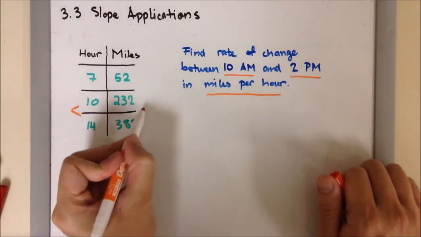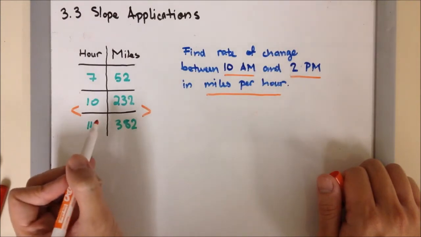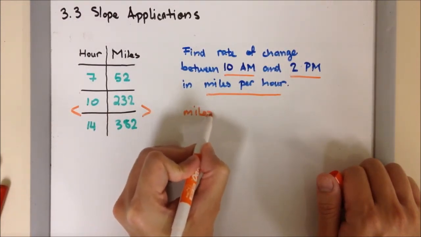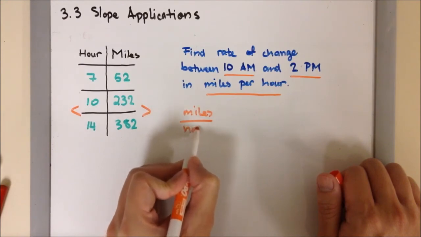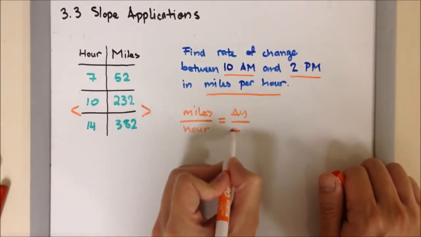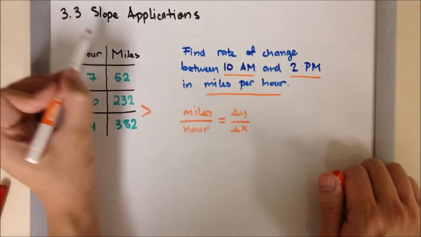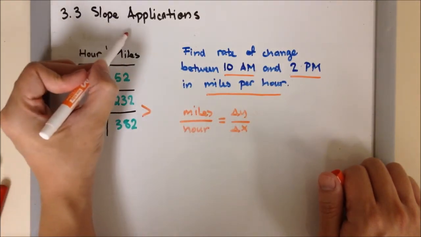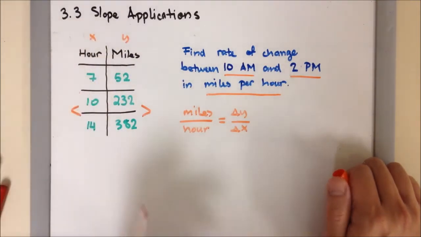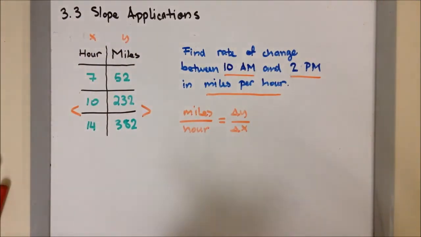So we're going to be looking for the change in these two. We're still working with miles per hour, and the same, change in y over change in x. What I didn't do in the last part is that I labeled this as my y and this as my x, just like how we did for finding slope with two given points.